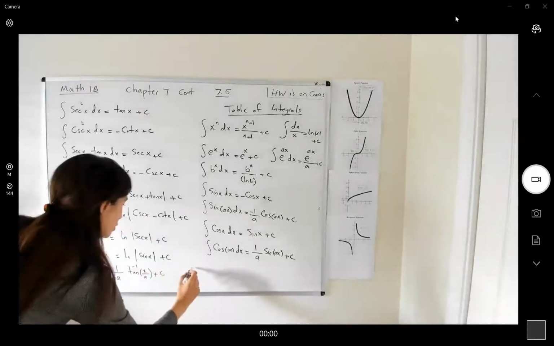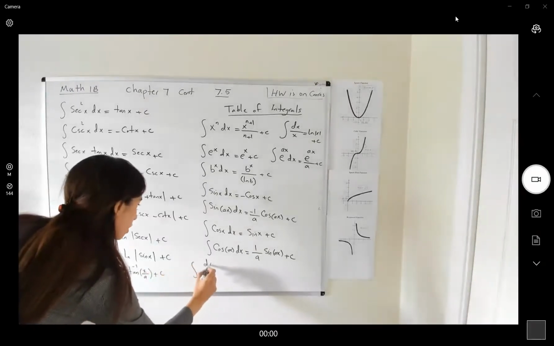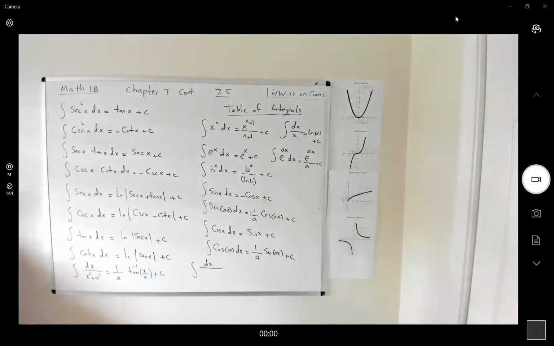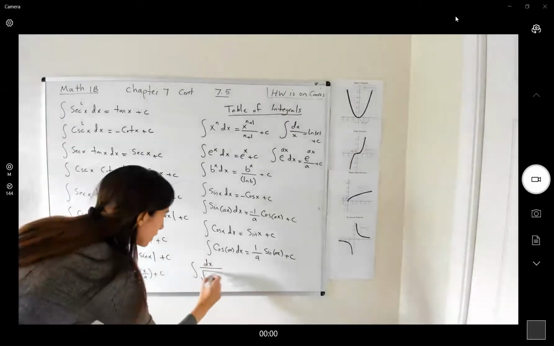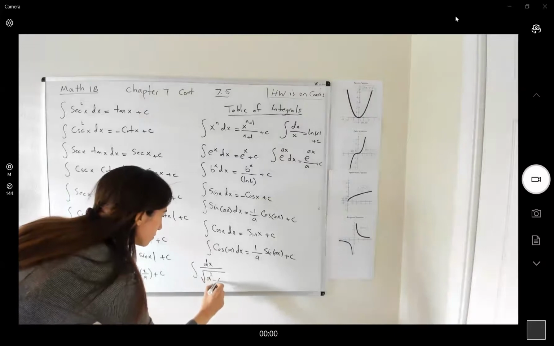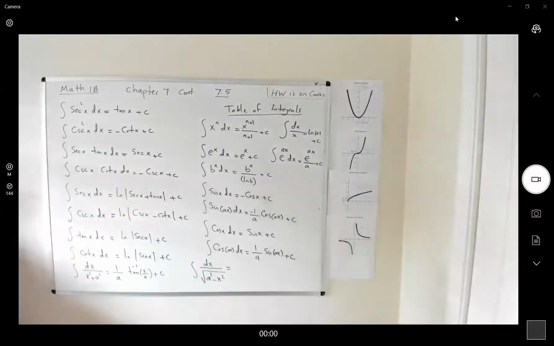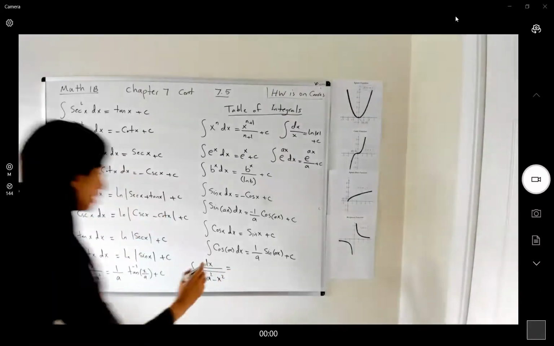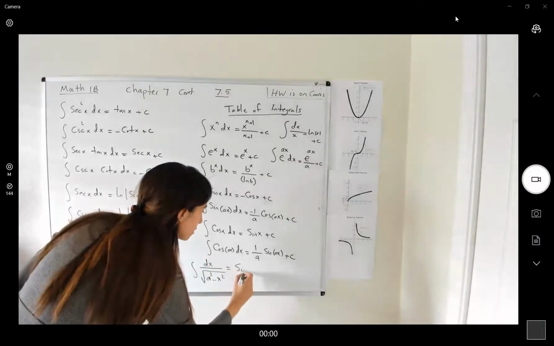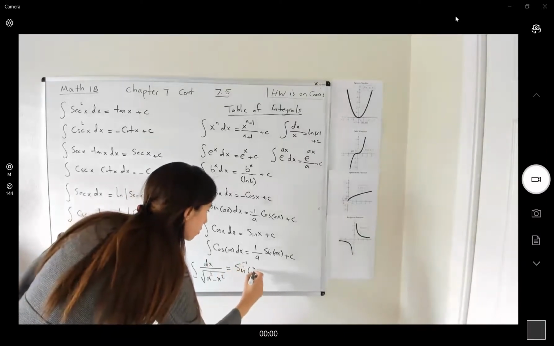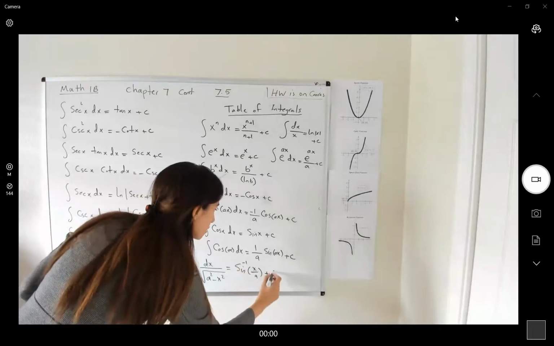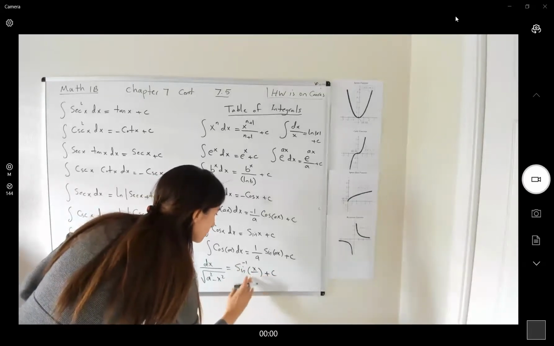And if you have the integral of dx divided by the square root of a squared minus x squared, this is equal to inverse sine x over a plus constant of integration.